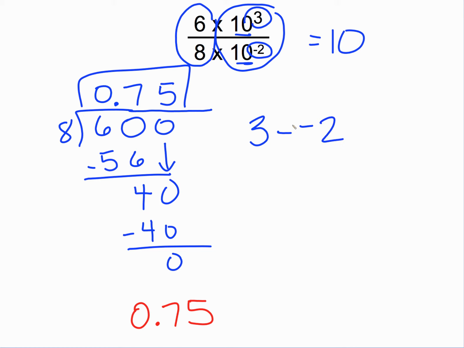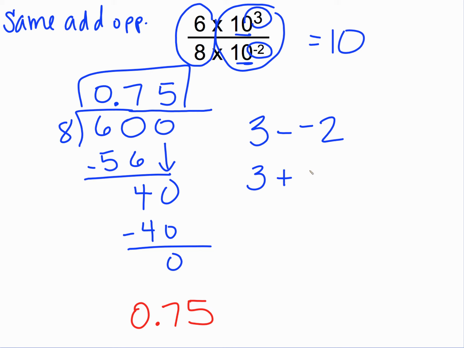And now in order to figure out what this is in easier terms, all I have to do is change it to addition, because the rules for addition are so much easier. And I change it to addition by following that saying, same, add, opposite. That means the first number stays the same. My subtraction changes to addition.